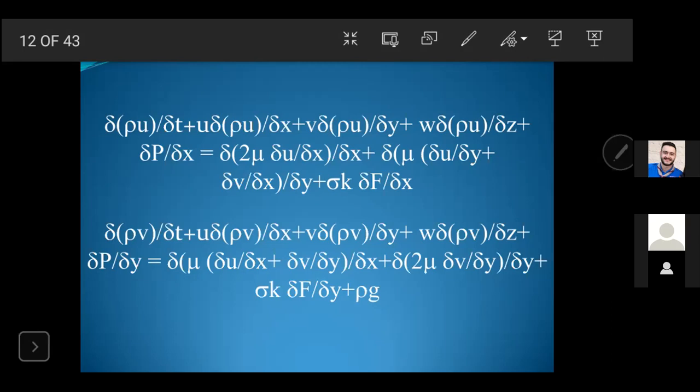But now we will apply the different simplifications to this equation, to understand it. Okay, did you finish? Yes.